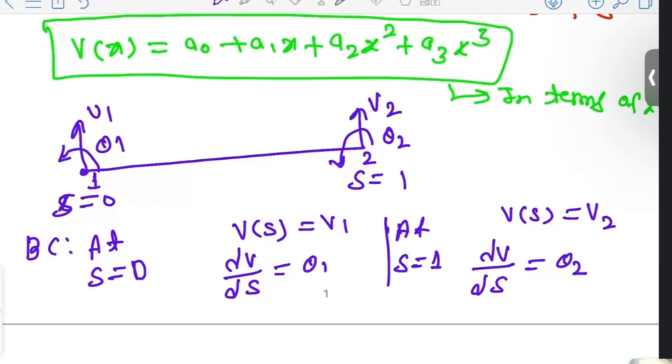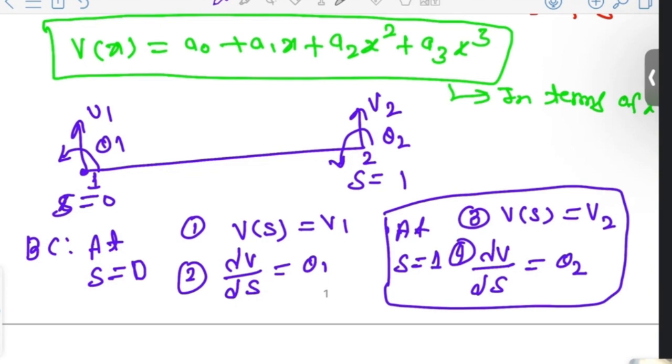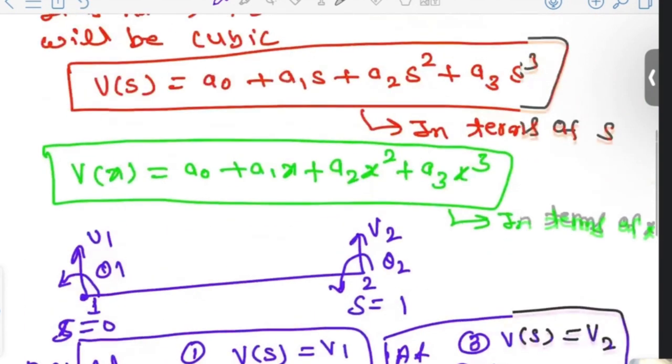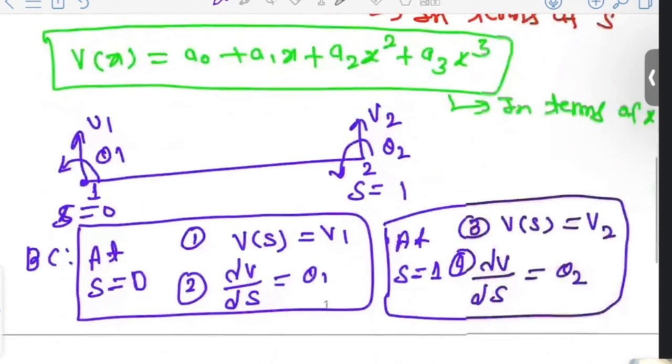First we have to put in the first boundary condition. So first we calculate dV by ds.